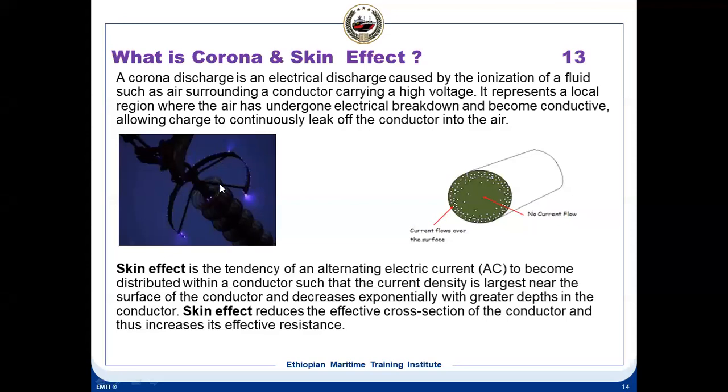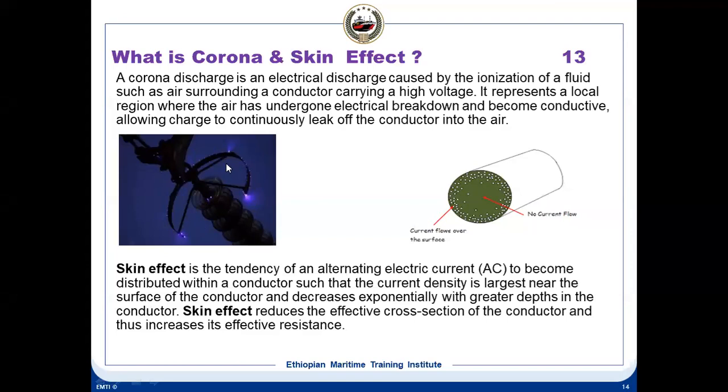See, on some high voltage tension lines, you will find this spark, some ignition like this. This is called the corona effect. The air is the medium here, and it has undergone electrical breakdown and become conductive. So the charge continually leaks off the conductor into the air.